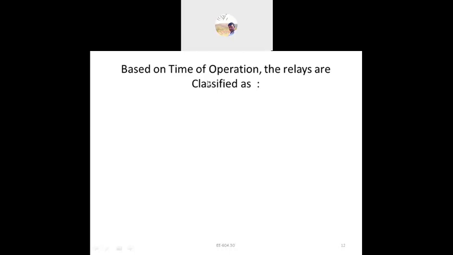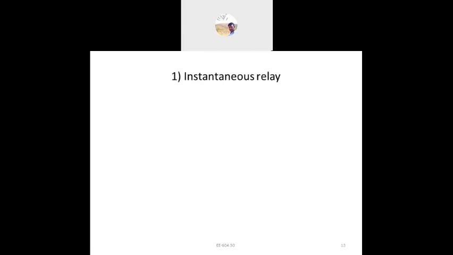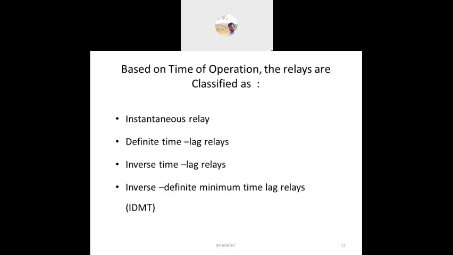So we have the classification. Based on time of operation, the relays are classified: instantaneous relay, definite time lag relay, inverse time lag relay, and inverse definite time lag relay. Instantaneous is for the transient system, where the fault is checked instantly.